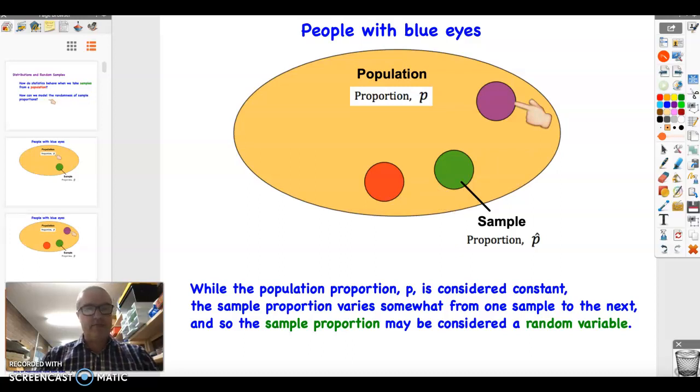When we take that sample, we don't actually know what we're going to get, and it varies from one to the other. So this part of this topic on statistical inference is going to deal with the randomness of P hat.